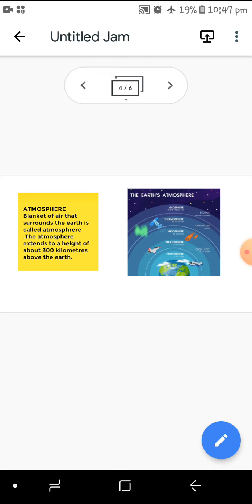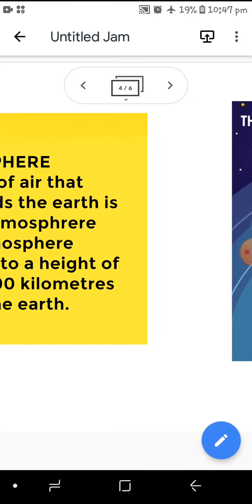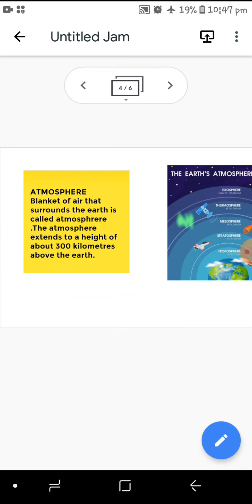Now, what is the atmosphere? As I have told you, air is all around you, so there is a blanket of air that surrounds the earth, and this blanket of air is called the atmosphere. There are various layers in the atmosphere which we have read in previous classes. I am not going to discuss it; just see this figure.